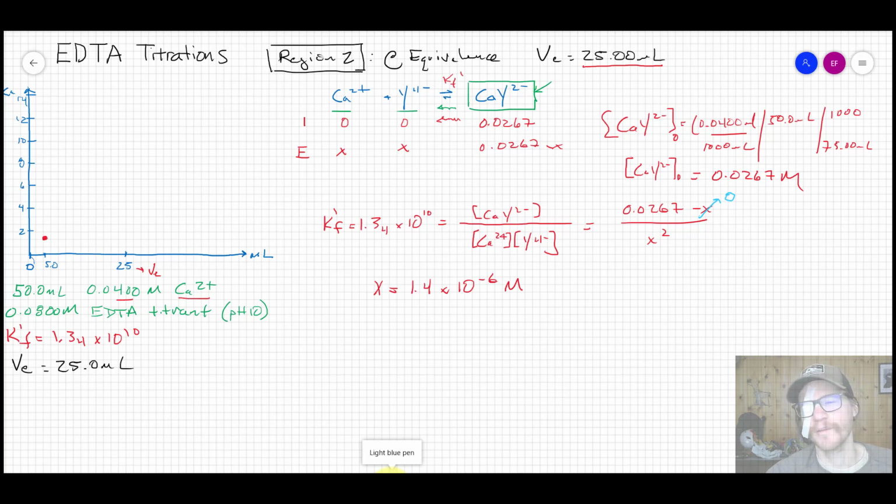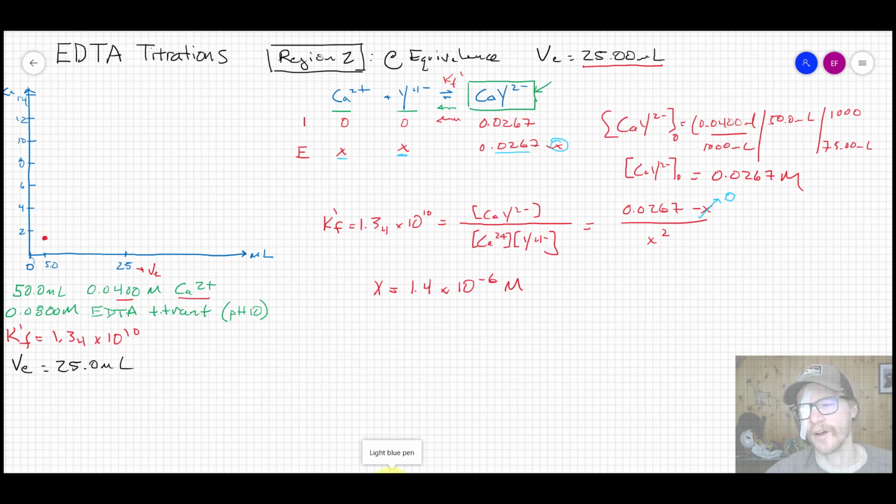My thoughts would be the reverse of this is going to be 1 over that, which would be 10 to the minus 10. My thoughts would be that this x then, or both of these x's, would be inconsequential. In other words, if we're subtracting something in the minus 10 range from something in the minus 2 range, that is inconsequential, especially within the number of significant digits we're trying to conserve.